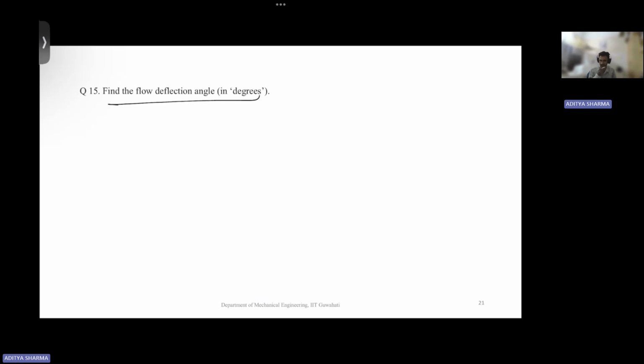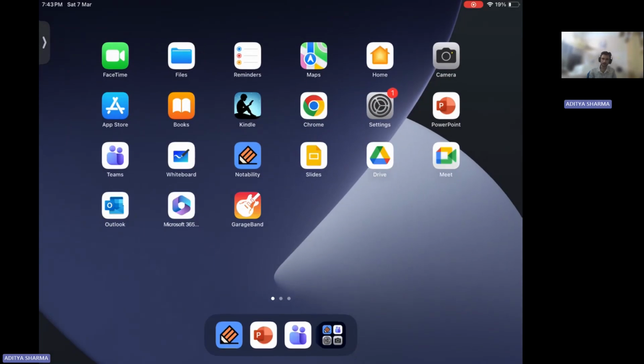Find the flow deflection angle. Now to find the flow deflection angle, what do we need to do? So this also is not lengthy.